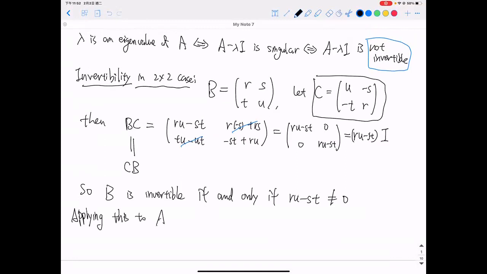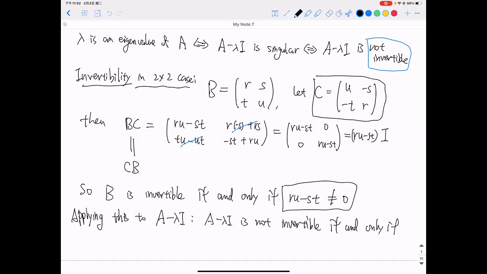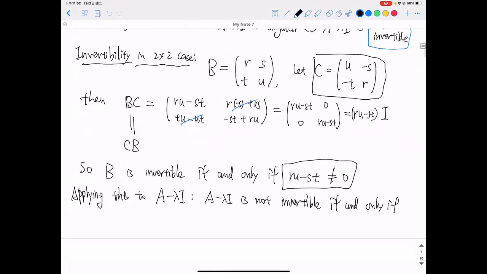Okay, so applying this to the matrix A minus lambda I, what we get is that A minus lambda I is not invertible if and only if this quantity is 0.